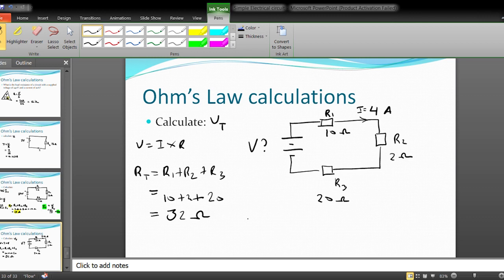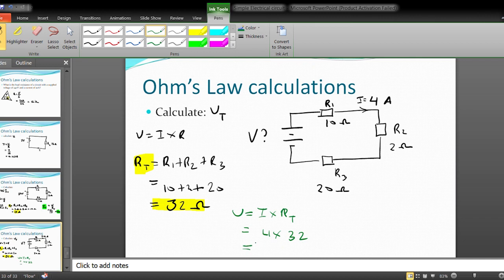Now that you've found RT, you can now go ahead and find V. And V is equal to I times RT, which is equal to I, which is 4, times 32, which is equal to 128 volts.